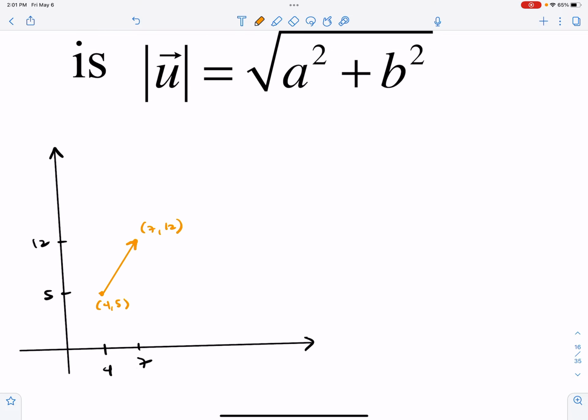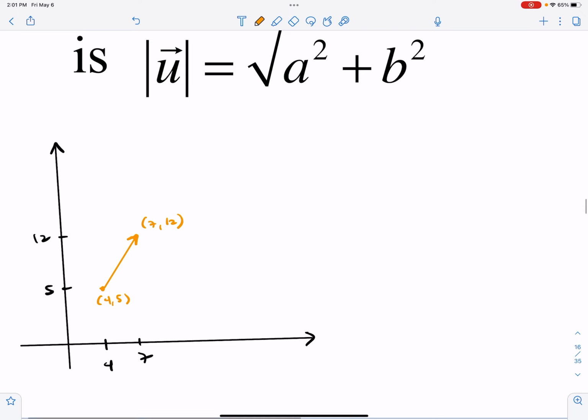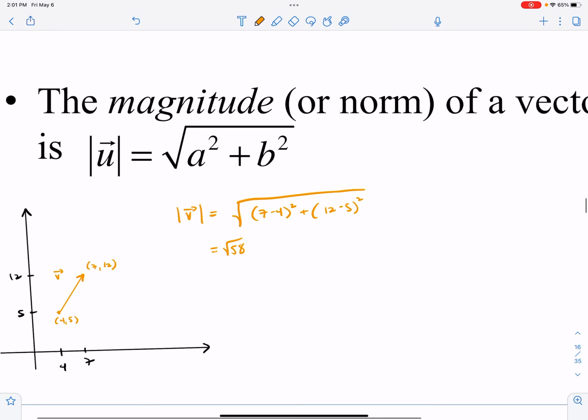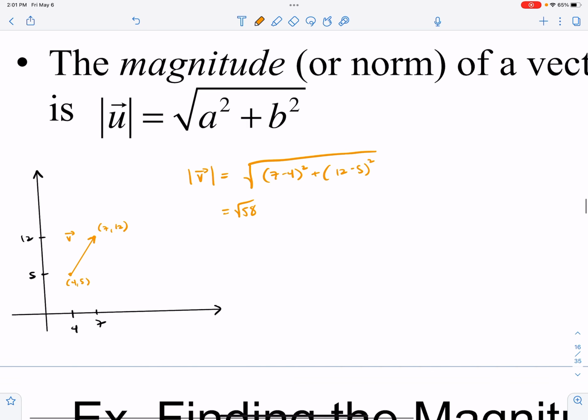So the magnitude, if this is vector v, the magnitude of vector v would be the square root of 7 minus 4 squared plus 12 minus 5 squared. So that would end up being equal to the square root of 58. This is just distance formula.